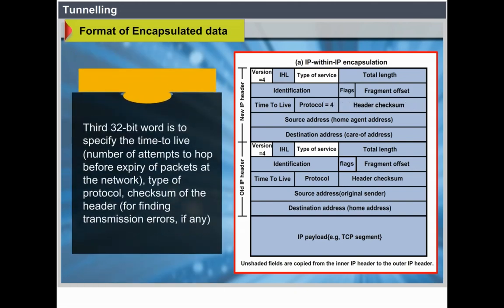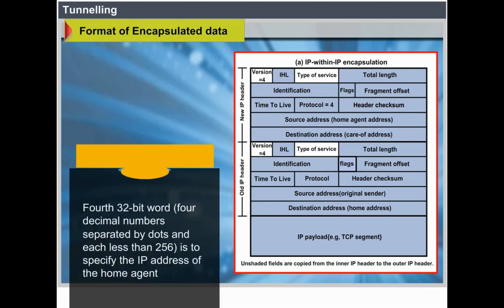The third 32-bit word specifies the time to live, the number of hops before expiry of packets at the network, the type of protocol, and the checksum of the header for finding transmission errors if any.